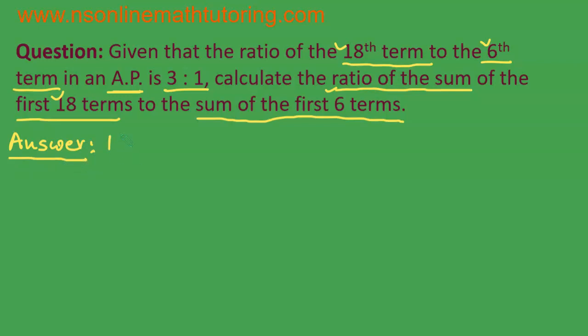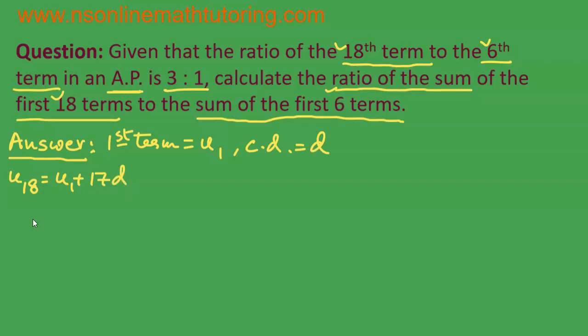Let the first term be U1 and the common difference be equal to D. So what is the 18th term? U18 is equal to U1 plus 18 minus 1, that is 17D.